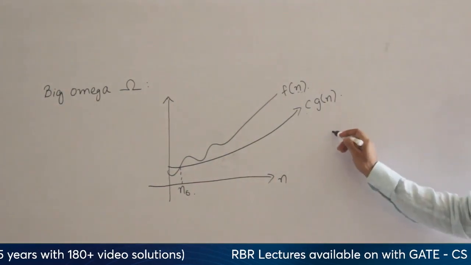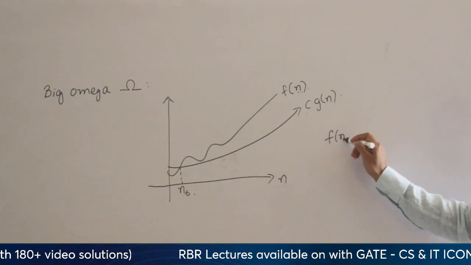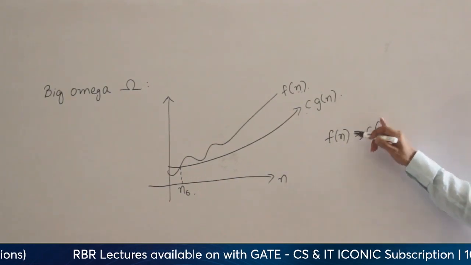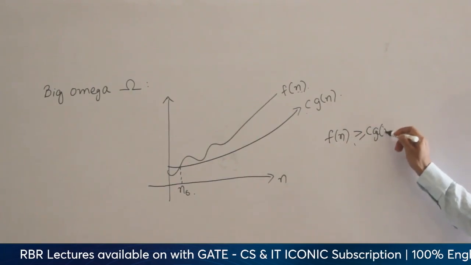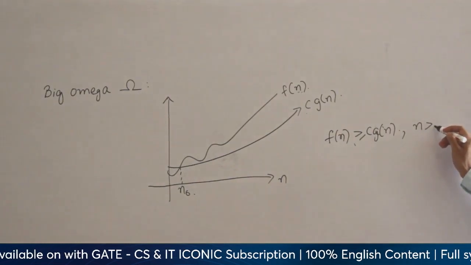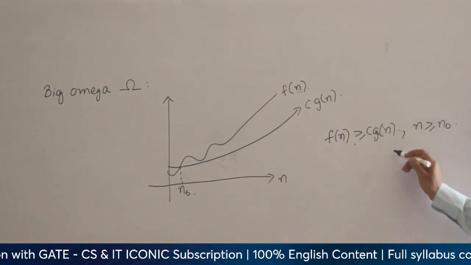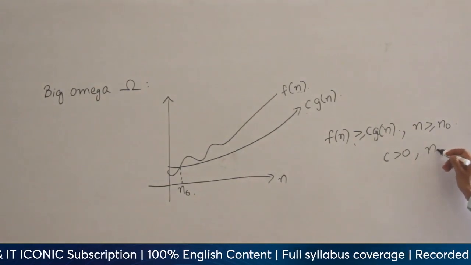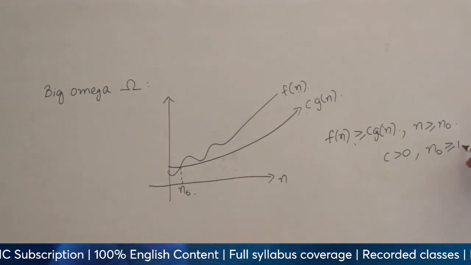That means f of n is greater than or equal to c into g of n for n greater than or equal to n naught, where c is a constant greater than 0 and n naught is some input which has to be greater than or equal to 1.